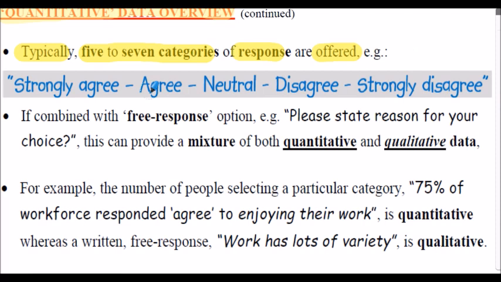For example, the level of agreement offered could range from strongly agree, to being neutral, to disagree, or strongly disagree with the question or statement posed.